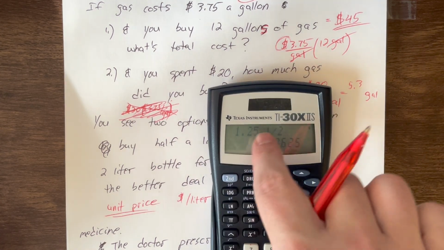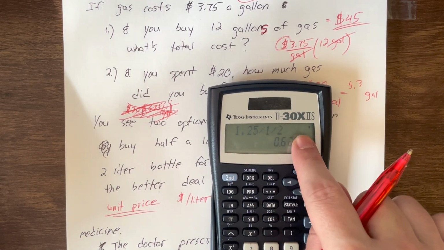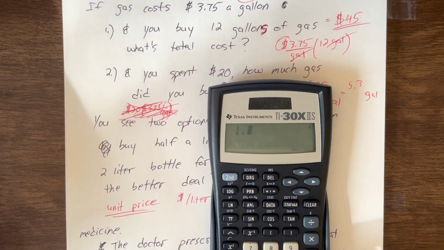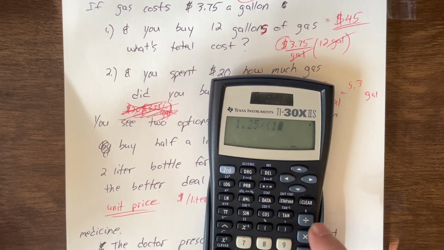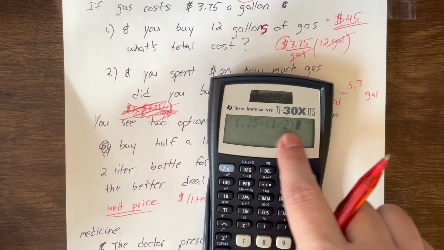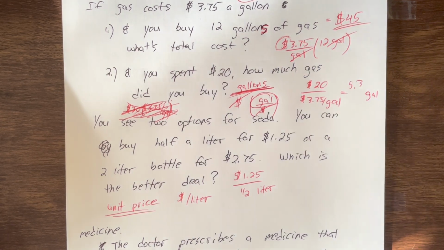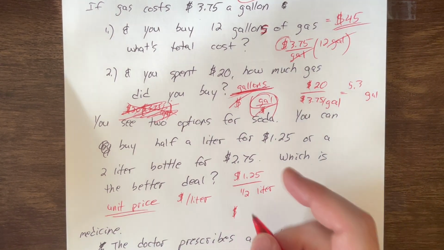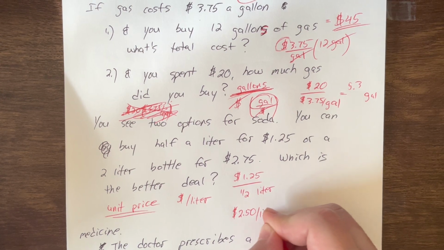I'm sorry, no, I would need parentheses just to be clear on the order, otherwise it just divides left to right. That's a little mistake, so to be careful, either make the 1/2 a fraction or, because that denominator is a little more complicated, use your parentheses. So we would be spending 2.5, which would be $2.50 per liter.